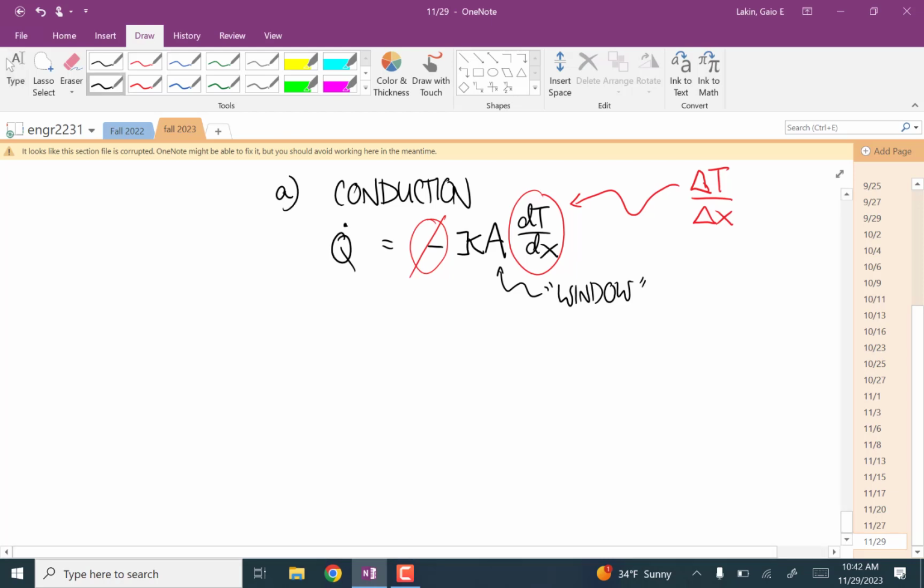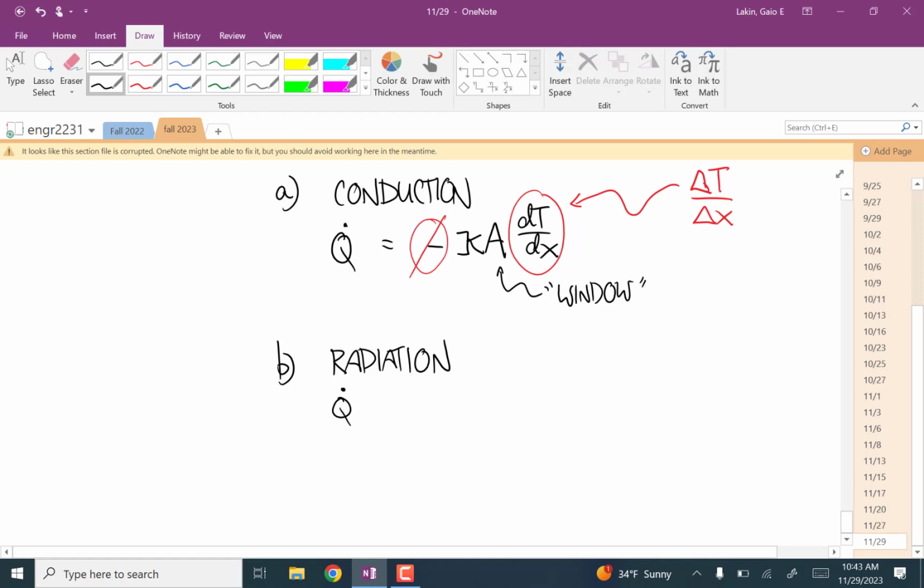And then the second one is radiation. I meant to bring up the things that people made a lot of mistakes on in the quiz. Most people got this one right, but radiation is the one heat transfer mode where it can travel through empty space.